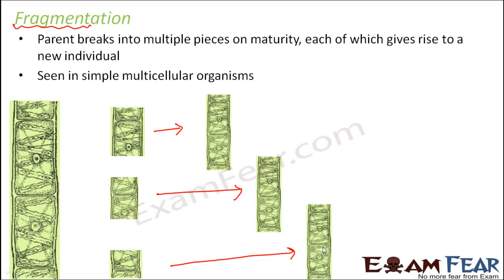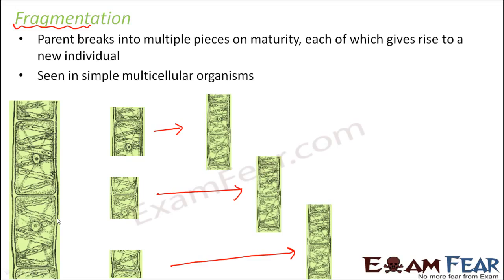Complex and advanced modes of reproduction are there for complex animals. But in this case, there is not much complexity in the body design. Even though it is multicellular, it is quite simple structure-wise. For example, in human beings, the head portion has the central nervous system, the brain, and all those things.